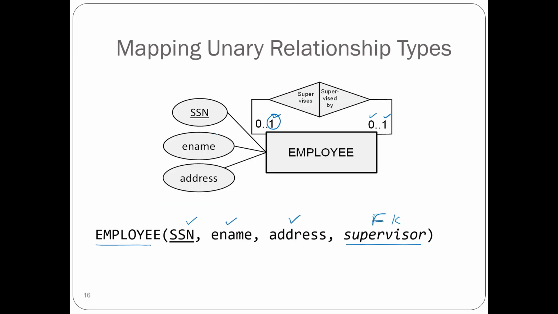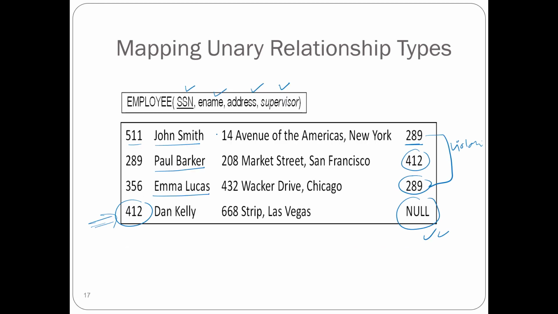Okay, wait a second. Good. So let's see. We have seen some cases. Paul Barker is being supervised by 412, that's Dan Kelly. Dan Kelly is not supervised by anyone. Emma Lucas is being supervised by 289, who is Paul Barker. But Emma Lucas, 356, is not supervising anybody, right?